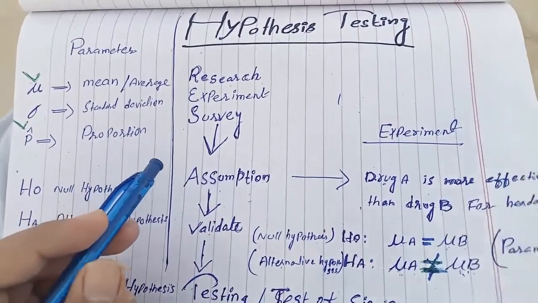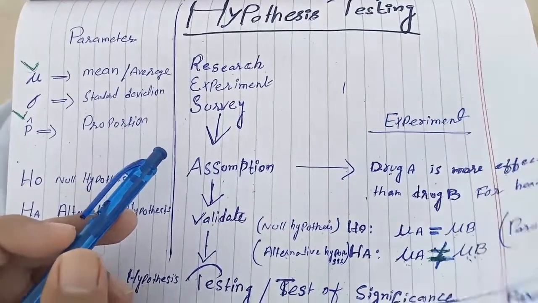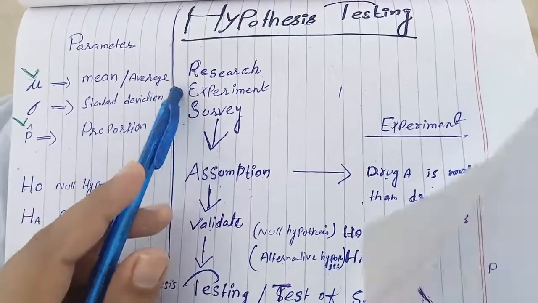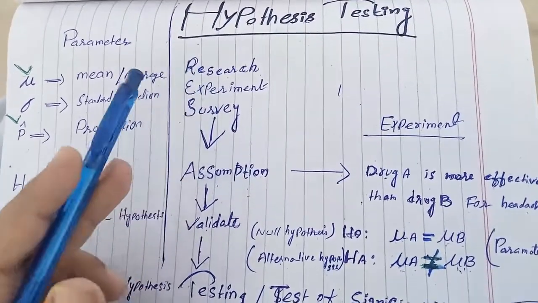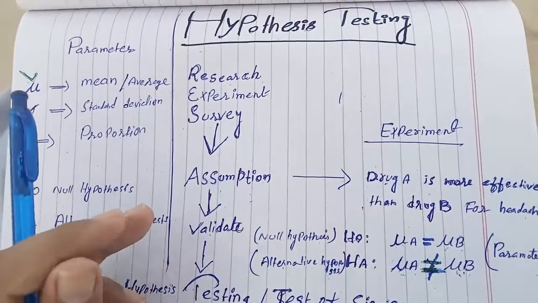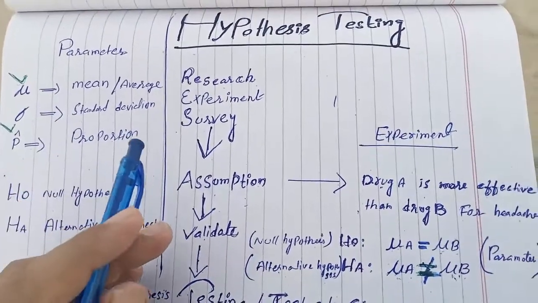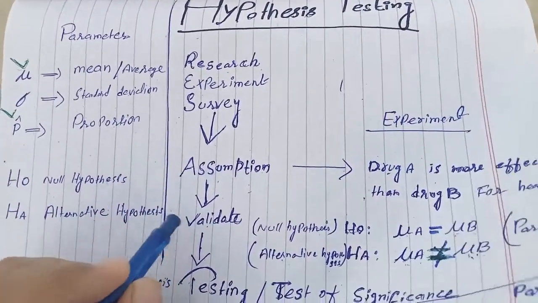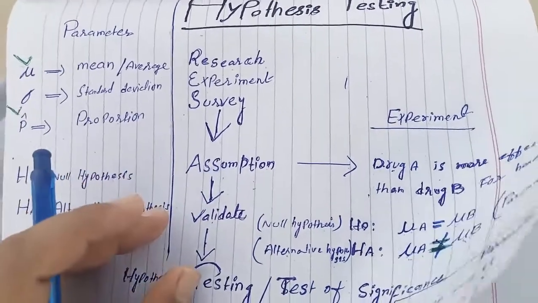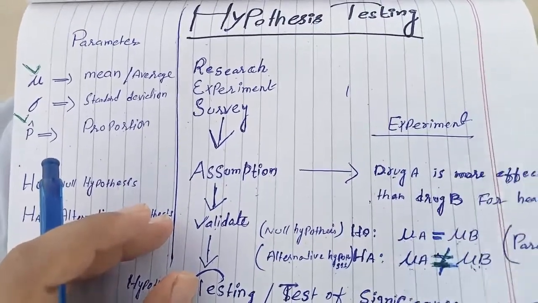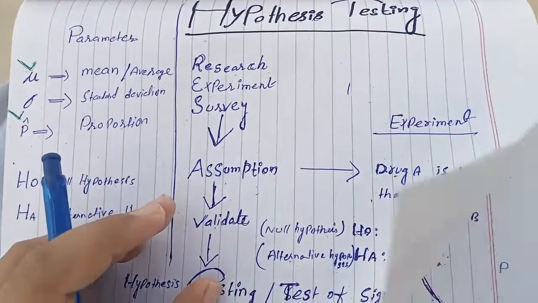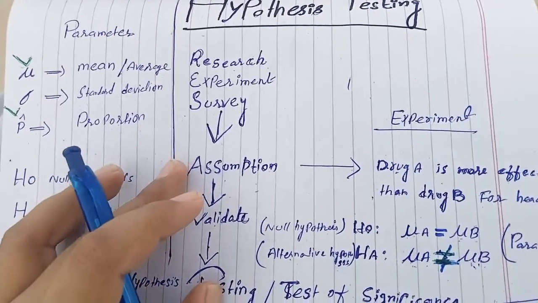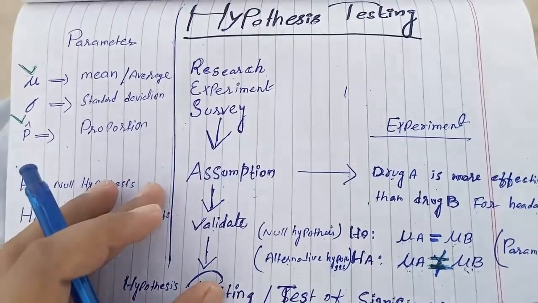Now, those assumptions or claims of the survey, experiment, research, or any kind of assumptions we make need to be validated or disproved. Obviously, we can validate those assumptions or disprove them, right?